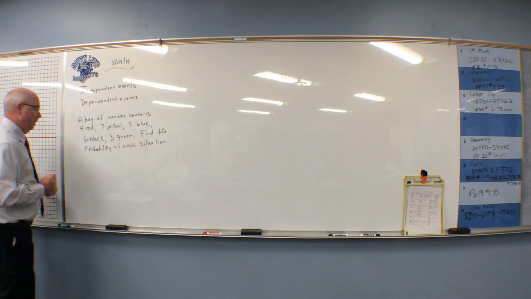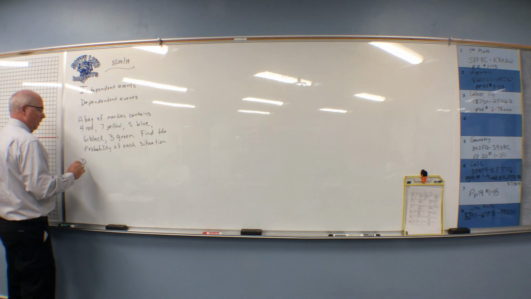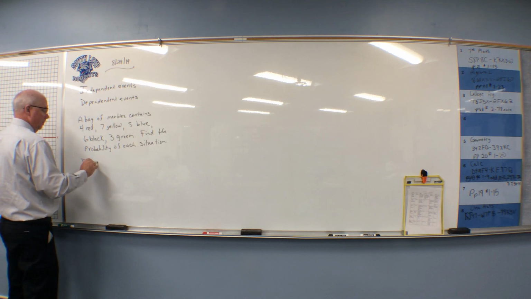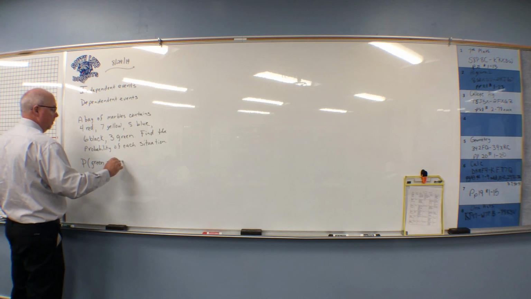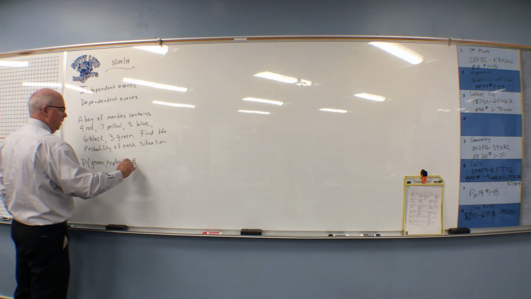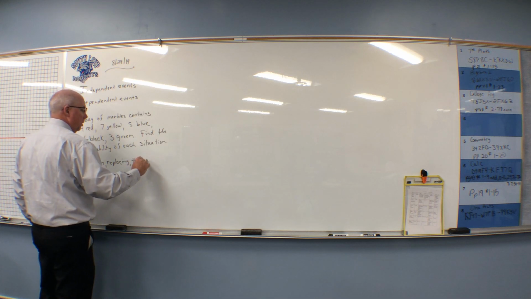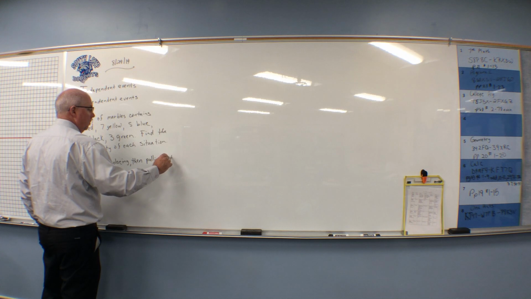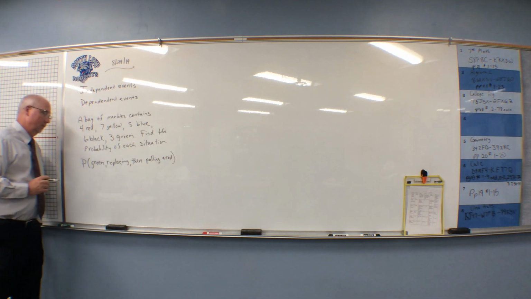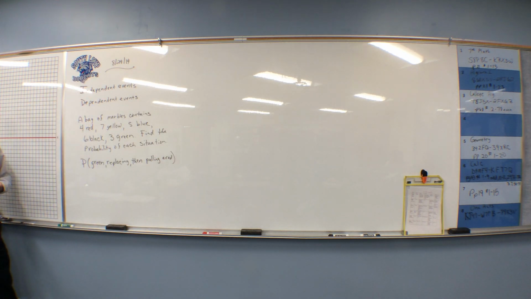So what we want to do is find the probability of pulling out a green, replacing it, then pulling a red. Okay? Now let's talk about this.